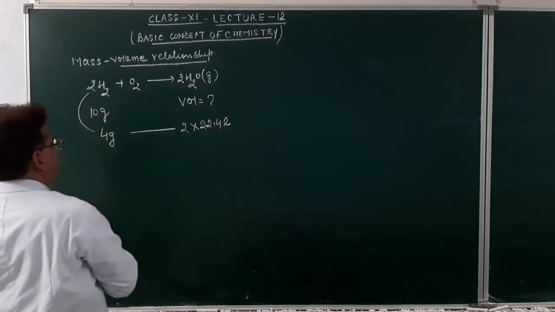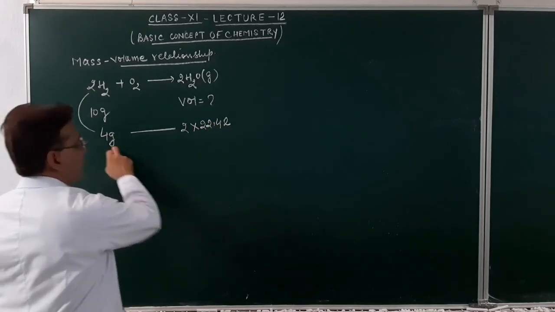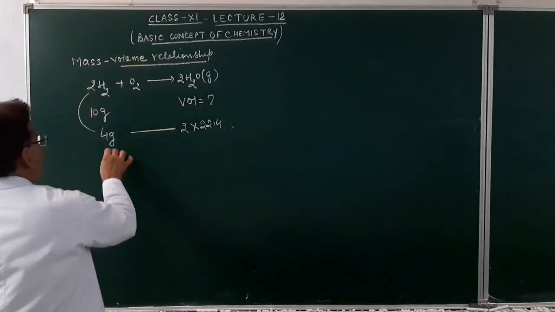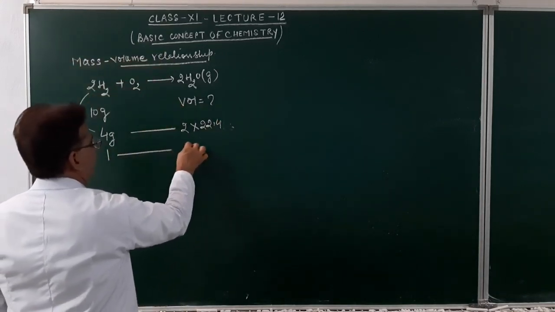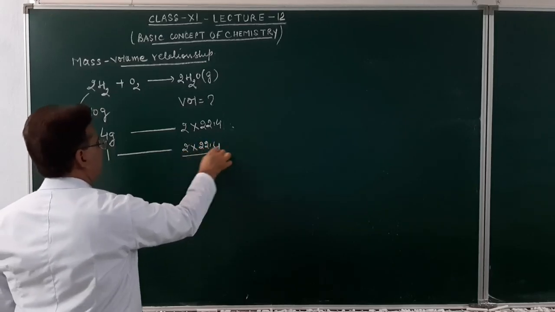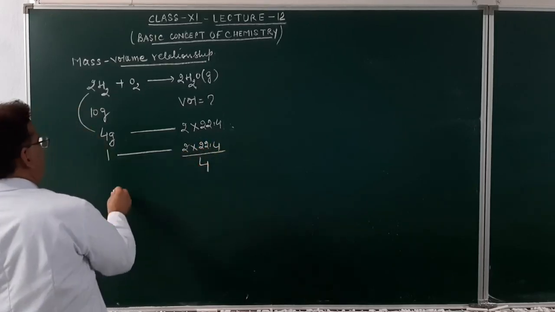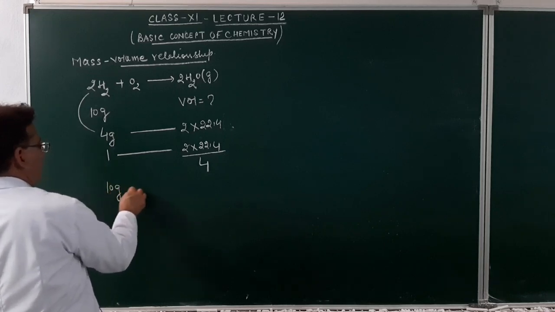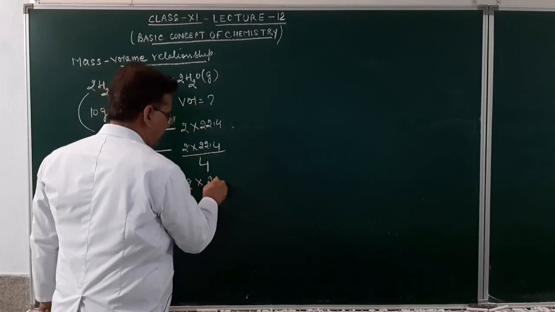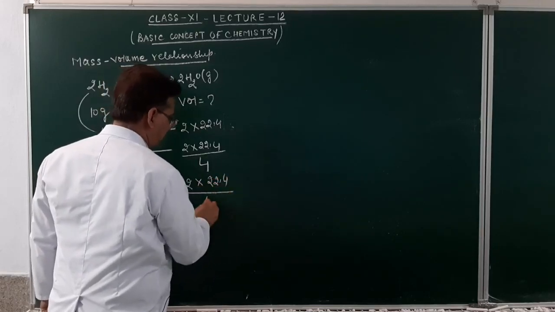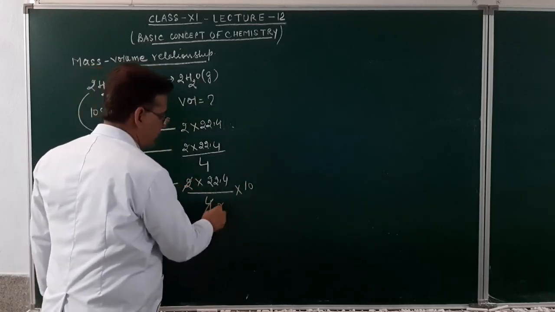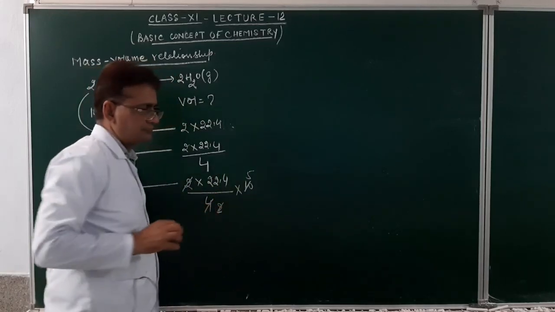Am I getting clear? If it is 4 gram of mass, what volume of water is formed? 2 into 22.4. If it is 1 gram, what volume will be obtained? It will be 2 into 22.4 divided by 4. And if it is 10 gram, it will be 2 into 22.4 upon 4 multiplied by 10. On solving it, this will be twice, this again will be 5 times.